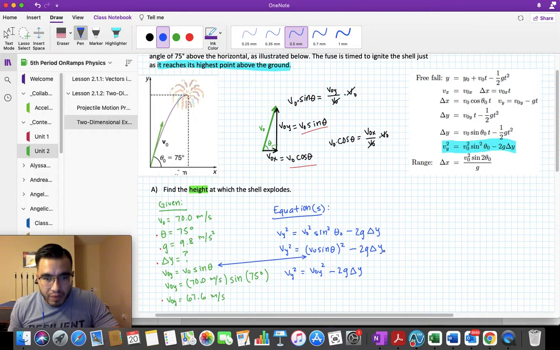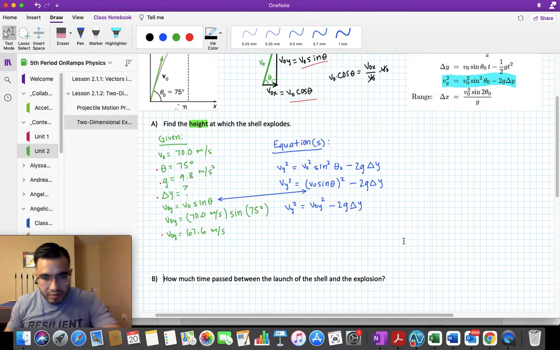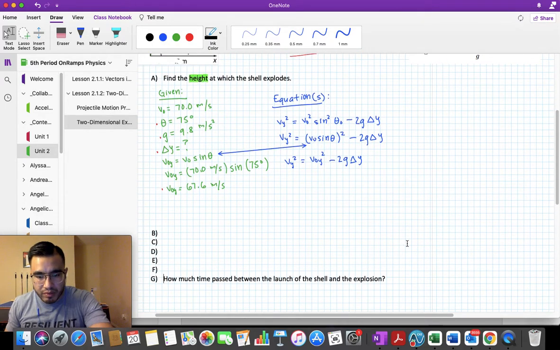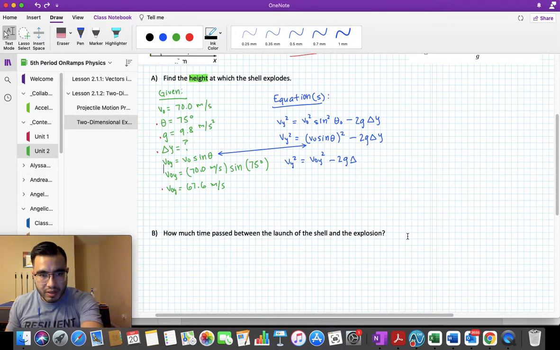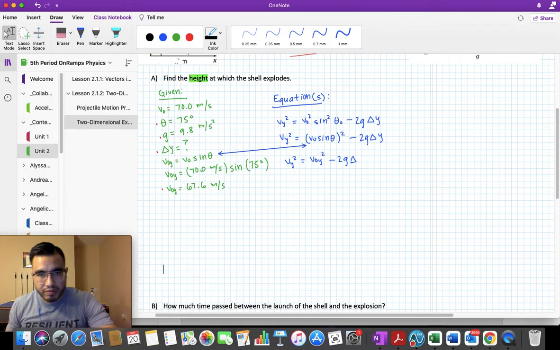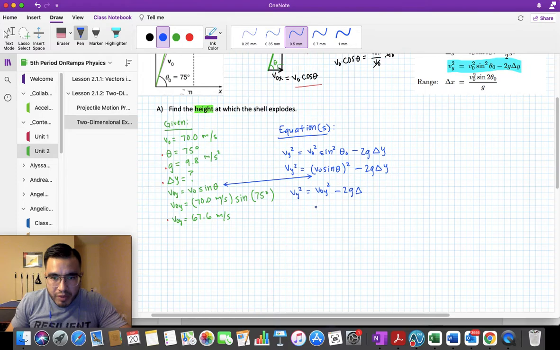And let's solve for delta y, which is very simple, right? The first thing I'm going to do is subtract v naught y squared.